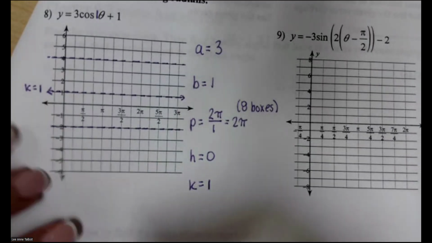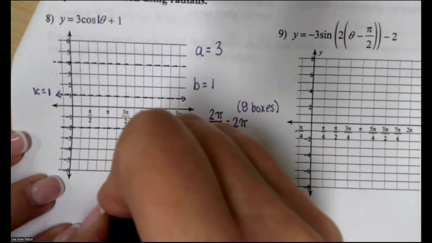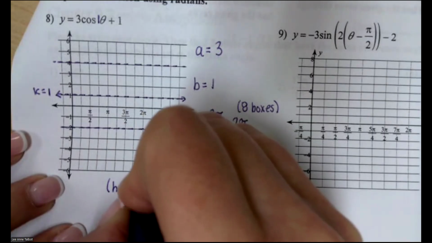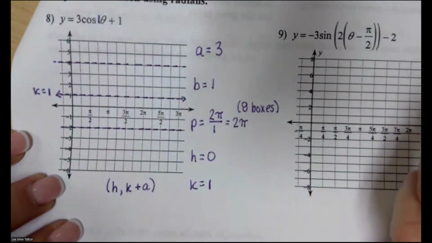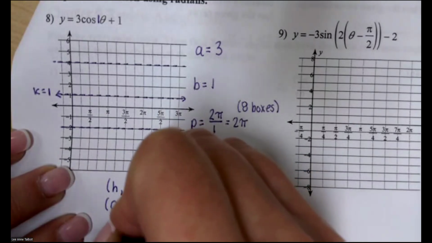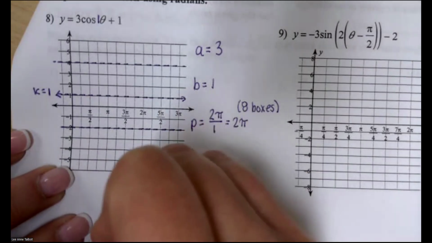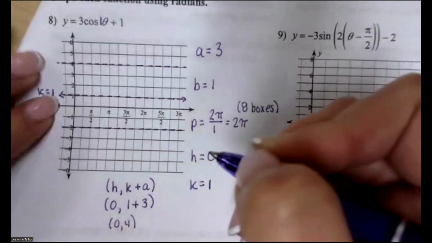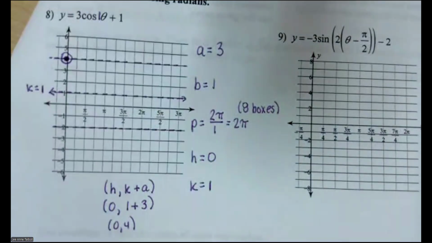Okay, this is cosine. The locator point for cosine is H comma K plus A. So H comma K plus A is up there, and circle.